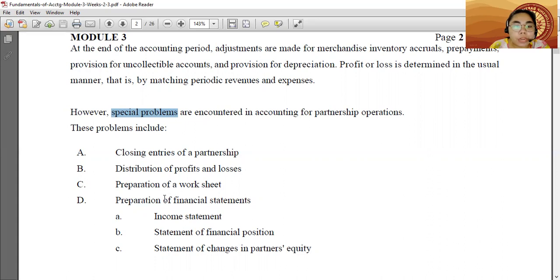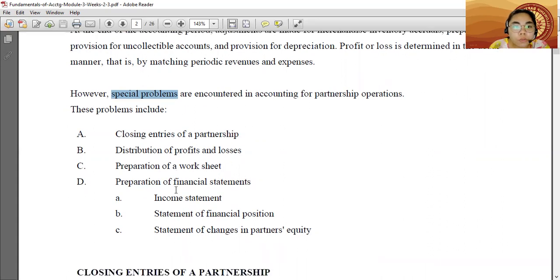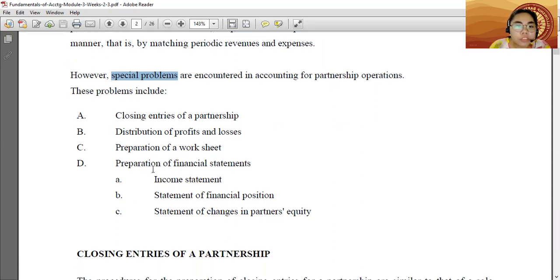Number three is the preparation of a worksheet. Since we are dealing with the partners' capital accounts, how do we prepare a worksheet for partnership accounting? And the last, the preparation of financial statements. Since we are dealing with partnership accounting, there are some differences compared to the financial statements of a sole proprietor.